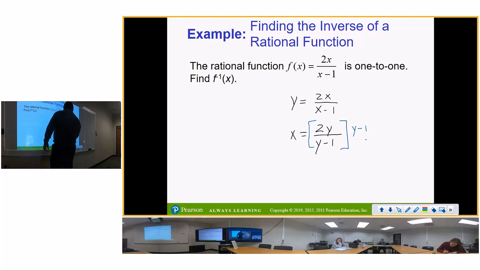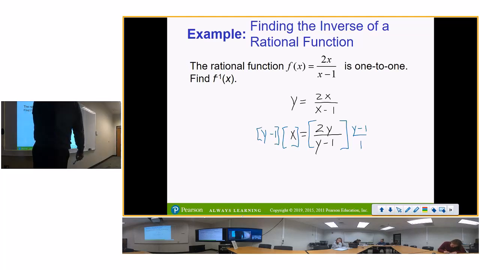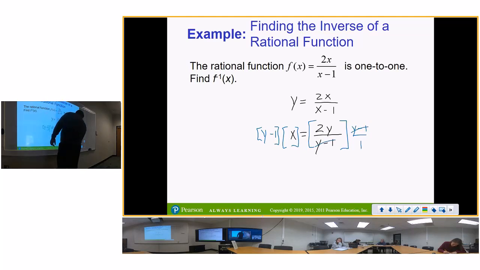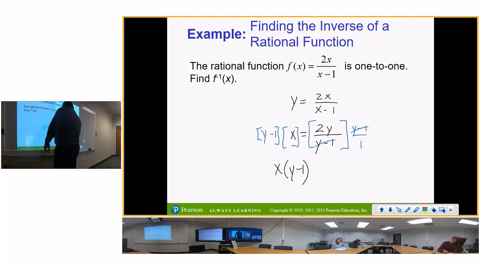So multiply both sides by y minus 1. And that's going to give you, get my black marker, x times y minus 1 is equal to 2y.